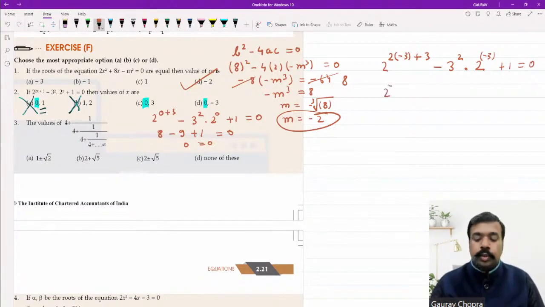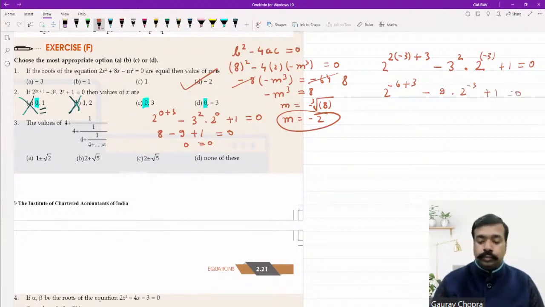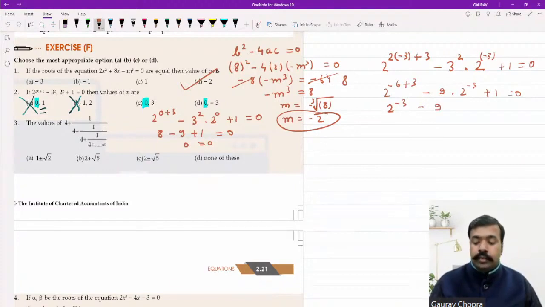So what is happening? 2 to the power of minus 6 plus 3, then minus 9 times 2 to the power of minus 3, plus 1 equal to 0. So we are getting 2 to the power of minus 3, minus 9 times 2 to the power of minus 3, plus 1.